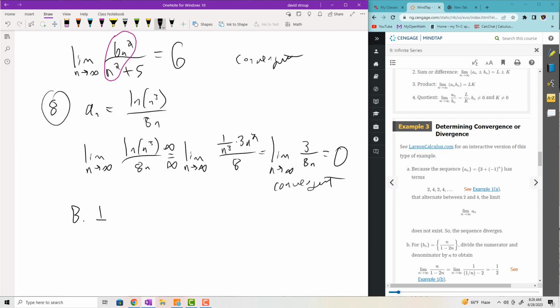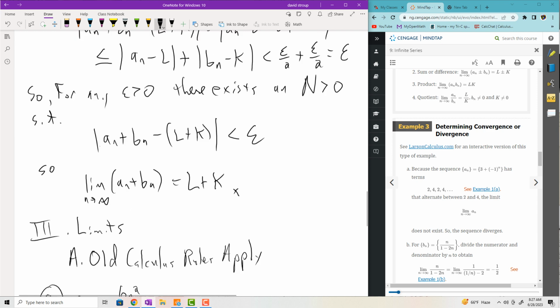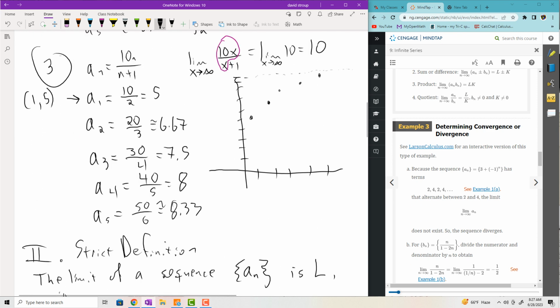Basically, if the limit of the odd terms does not equal the limit of the even terms, then the limit does not exist. And I'd rather you say that than what they're saying in example 3, just saying it alternates between 2 and 4. Well, a lot of sequences will alternate. That doesn't necessarily mean it's not going to converge.